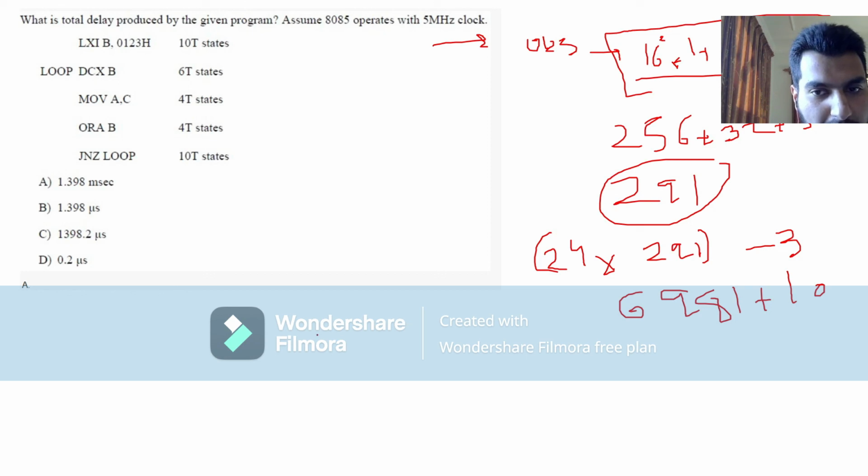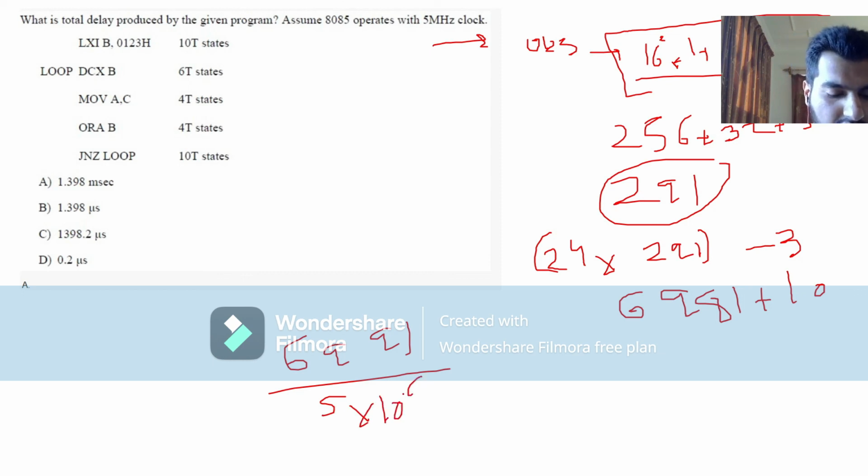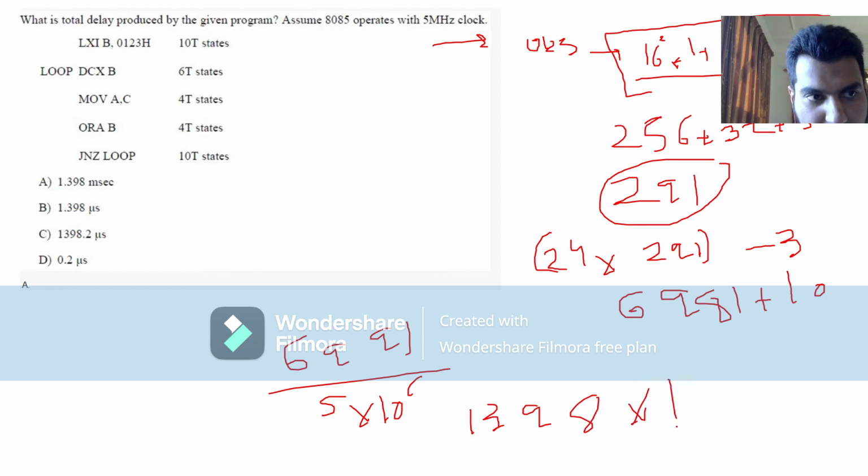So our answer will be 6991 divided by 5 into 10 to the power 6. Divided by 5, it will be 1398 into 10 to the power minus 6. So it will be 1398 microseconds.